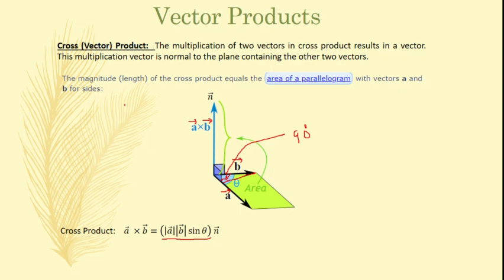Okay. Now you have understood why this sine theta came here. This B sine theta actually defines the perpendicular distance, or the height of this parallelogram. And this n vector, the unit vector, actually defines the direction of the cross product.